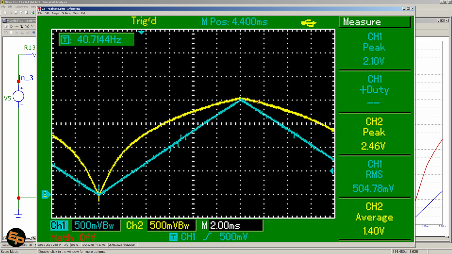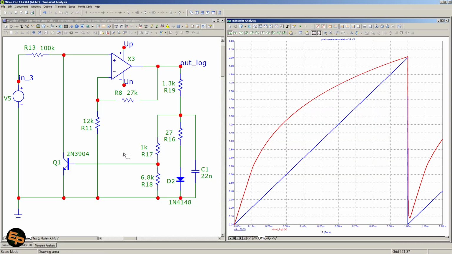With blue we have the input signal, which is triangle, and with yellow we have the output signal, which is the sort of logarithmic one. So this is an okay circuit to use when you want to convert linear to logarithmic.